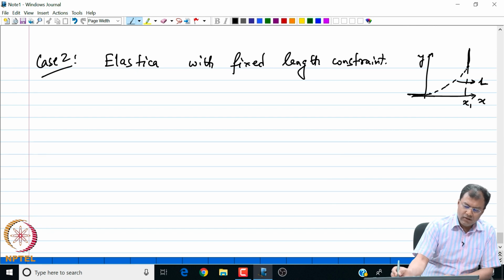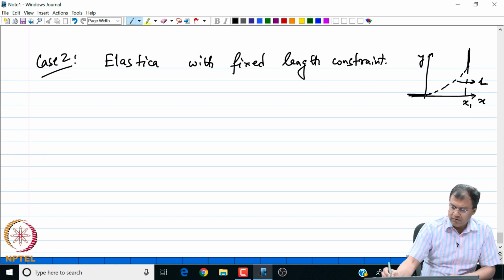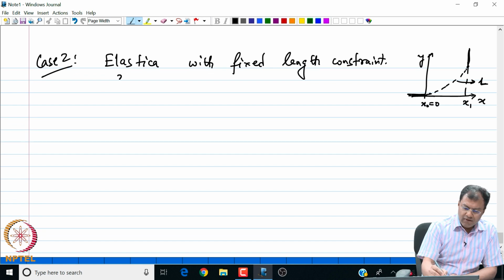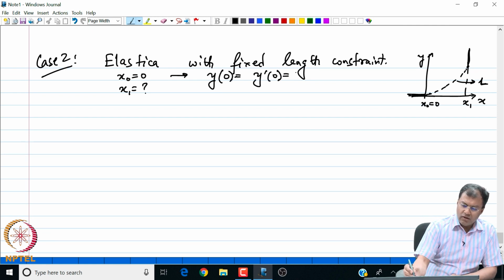So now the set of conditions that we have is, on one of the endpoints, x naught equal to 0, and my second endpoint x1 is not known. But at x naught equal to 0, I have the condition y at 0 is equal to y prime at 0 is 0.